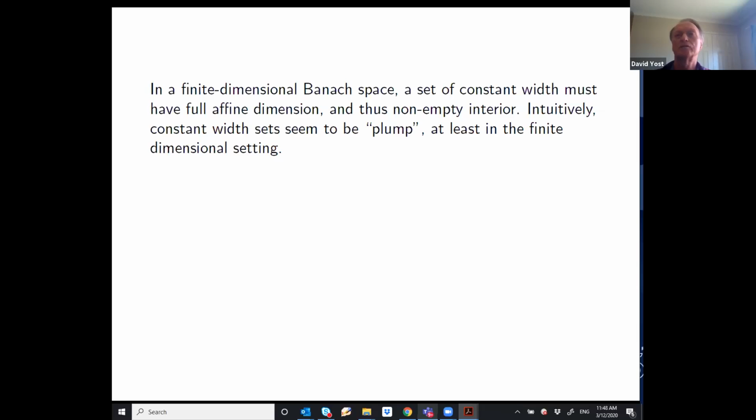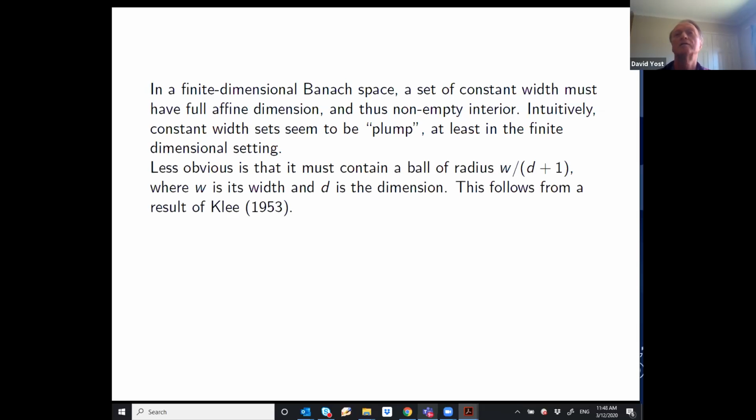So you expect constant width sets to be plump in some sense, and more precisely, if W is the width of the set, then a constant width set must contain a ball of radius W divided by the dimension plus 1. This has been known for a while, so you're guaranteed interior points, but the size of the interior goes down with dimension.